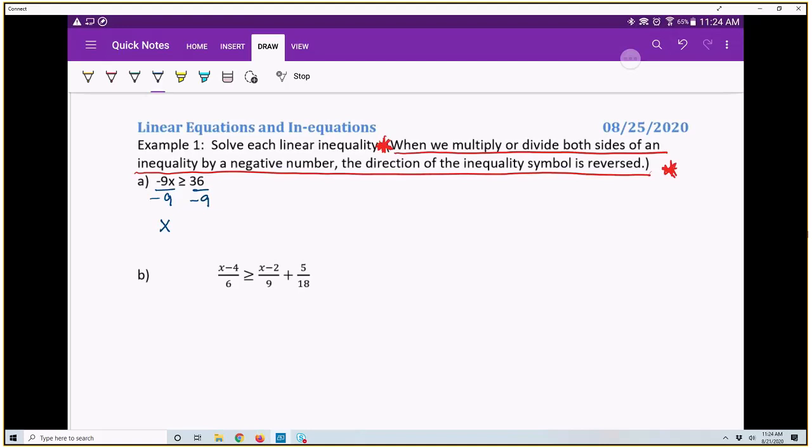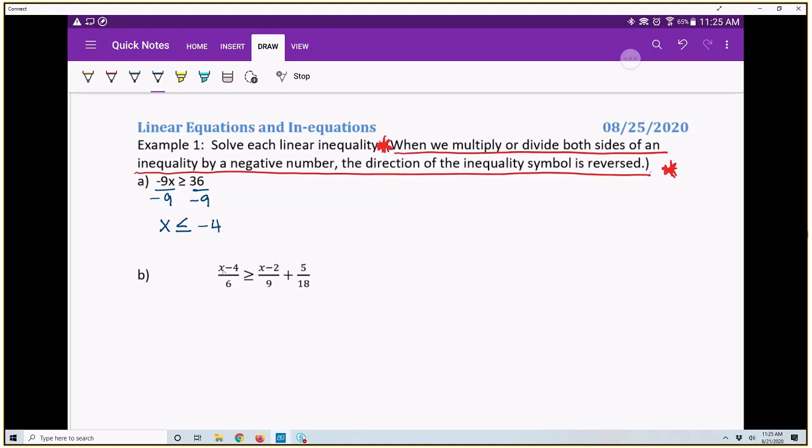Since we divided by a negative number, we actually have to switch. Instead of greater than or equal to, it becomes less than or equal to. Then 36 divided by negative 9 is negative 4. So this is x is less than or equal to negative 4.